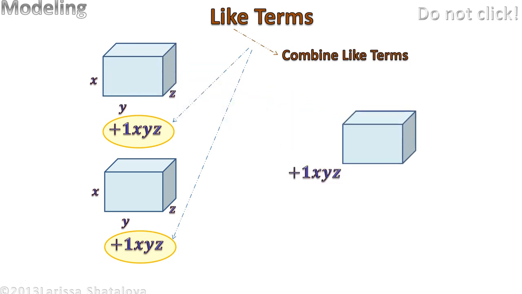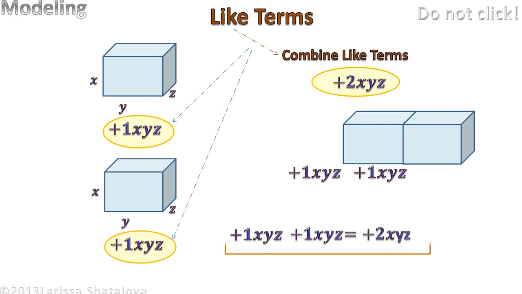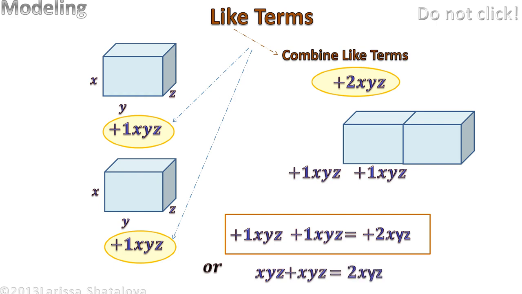You can add them, and we will have positive 2xyz, or positive 1xyz and positive 1xyz results in positive 2xyz, and the shortcut would be xyz and xyz equals 2xyz. Those ones you don't always see them, but you have to assume that they are there.